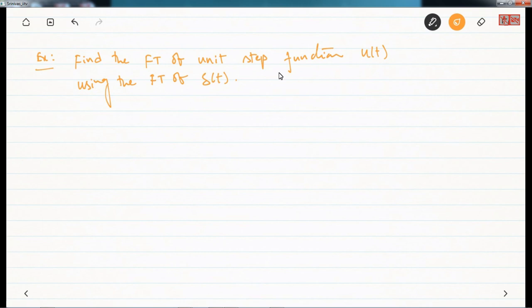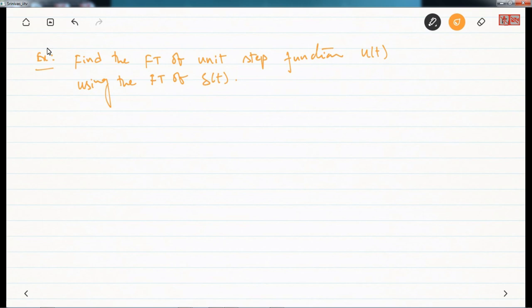So how do you solve this? First of all, you have to recall what a unit step function is, and you have to recall what delta of t is and what the relation between these two is, right?